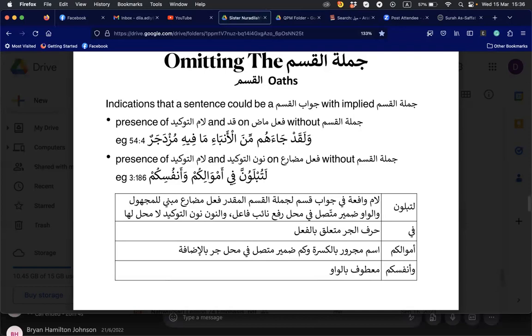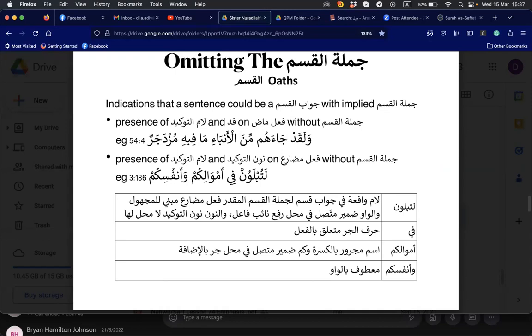Because you have adatul qasam in the qasam, like wallah, tallah, but that only affects the muqsam bih, the thing you're swearing by. So wallahi, washshamsi, walqamari. But other than that, the waw doesn't affect anything after it.